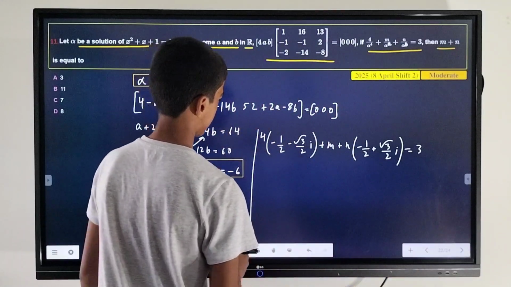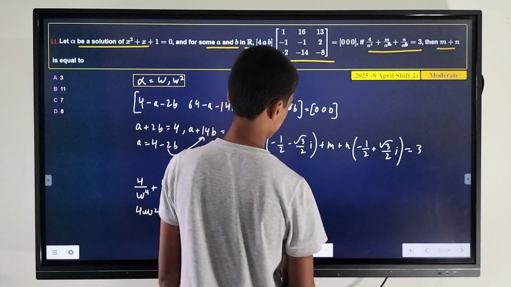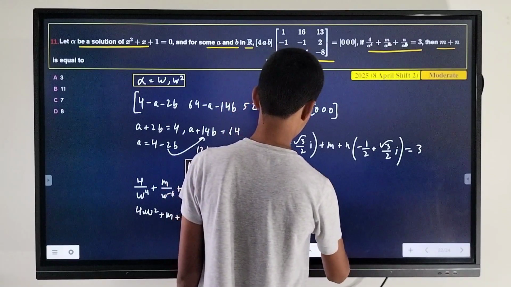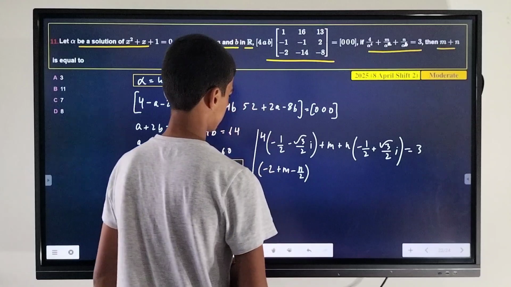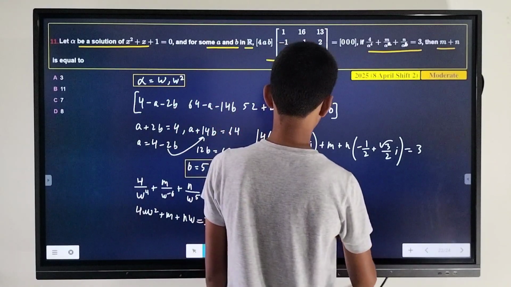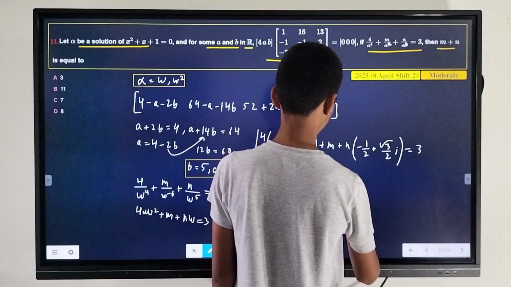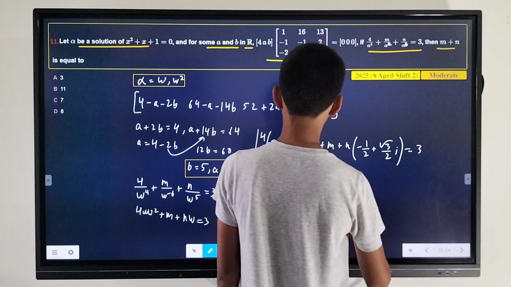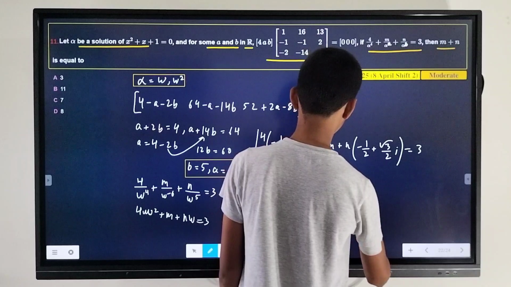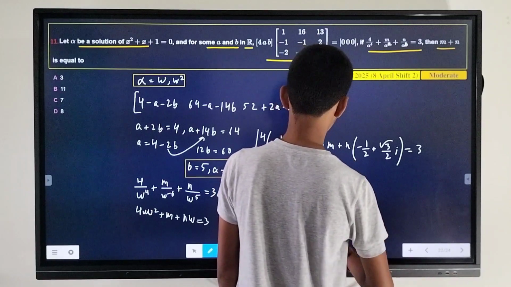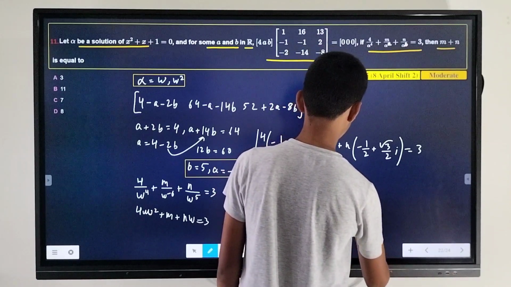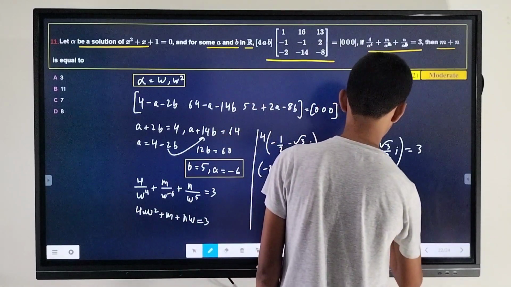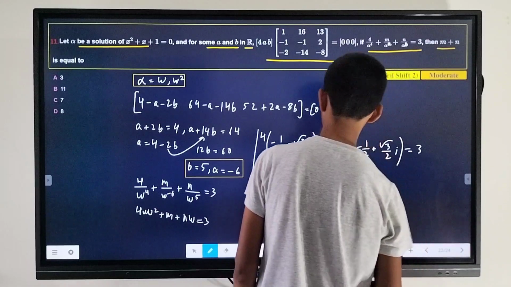So from here we will get minus 2 plus m minus n by 2, and plus iota into minus 2 root 3 plus n root 3 by 2 is equal to 3.